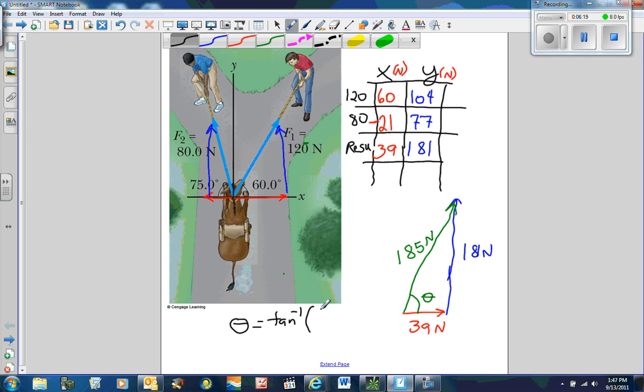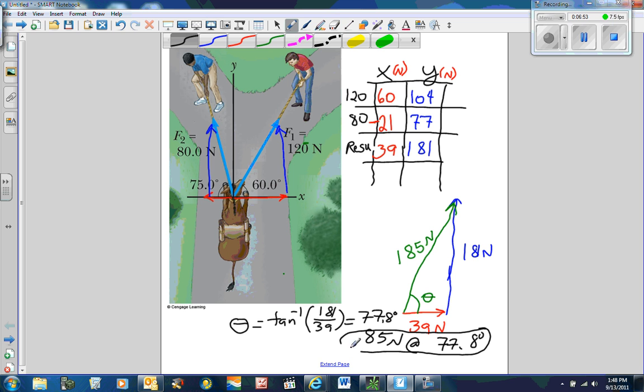That's going to be y over x, so 181 over 39, and when I do that, I get about 77.8 degrees, almost 78 degrees. So how do I write my answer? On the test, I'm going to write 185 newtons at 77.8 degrees, and I'm going to circle it. And that's how you do it.